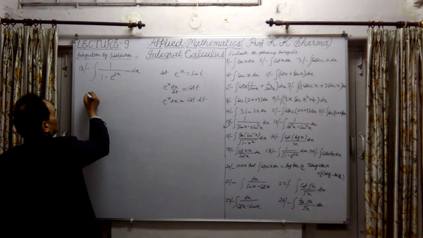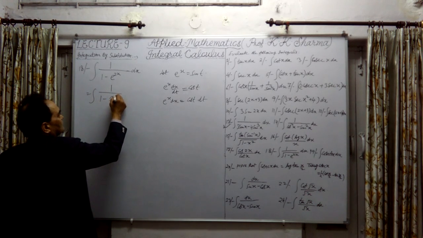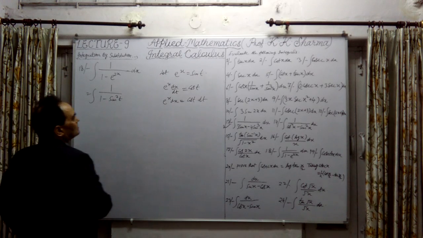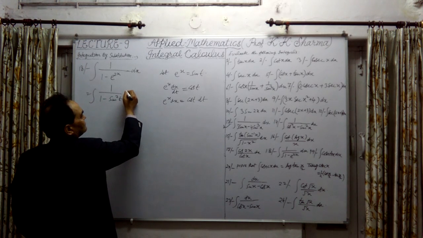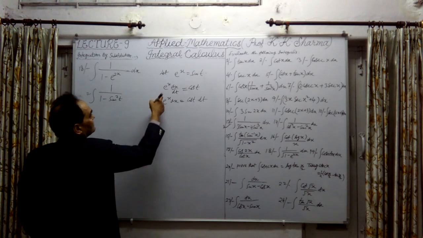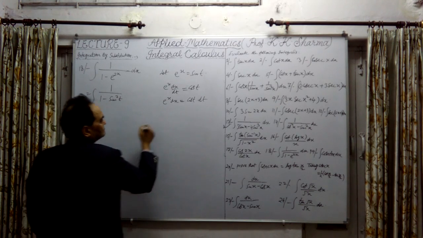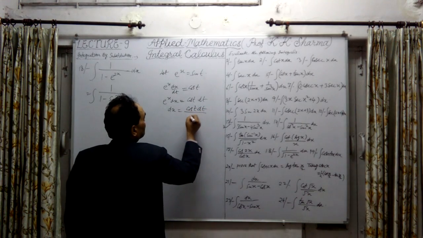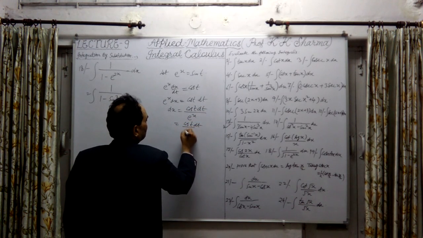In place of this, it will be 1 minus sin square t. So dx is equal to cos t dt upon e^x, and e^x can be taken to that side, but e^x is sin t. So let me write here dx equal to cos t into dt upon sin t.